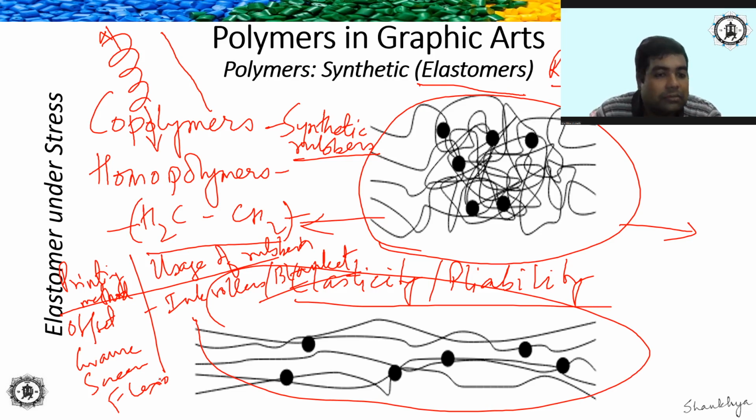It is also soluble in some polar organic solvents. That is again a disadvantage, because many times we use certain chemicals for cleaning the blanket and the ink rollers, cleaning the ink from those rubber surfaces. But if during the cleaning process it starts to swell and absorb those chemicals, that will create problems.